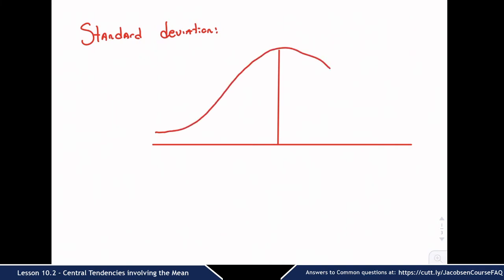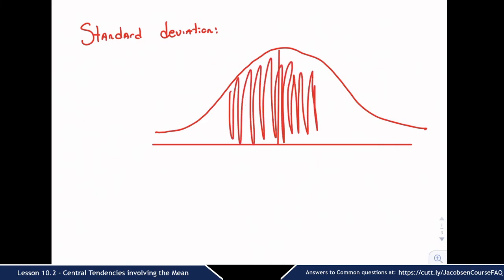Now, when we're looking at a graphical representation of data about its mean, similar to when we involve a median, we have our central location of data. But what happens is all data should follow something known as the bell curve, where most of the data, based on just the volume underneath the curve, is found in the central location around the mean.